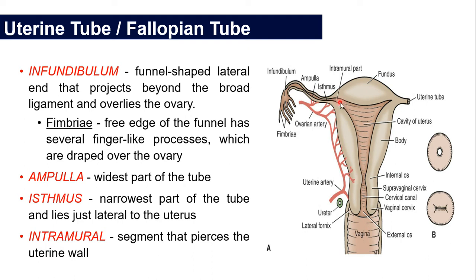So we have the infundibulum, the ampulla, the isthmus, and then the intramural. The function of our uterine tube, again, is to receive the ovum from the ovary and provide a site where fertilization of the ovum can take place, and also to serve as a conduit along which the spermatozoa travel to reach the ovum.